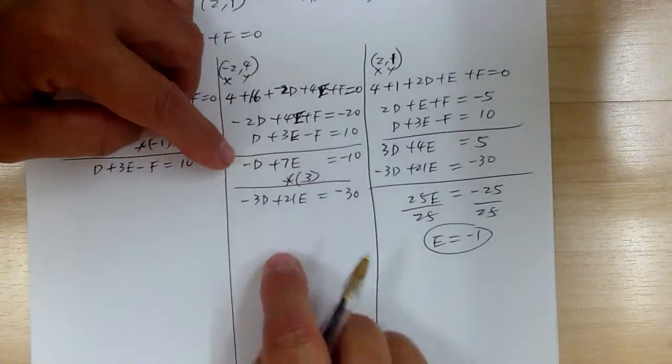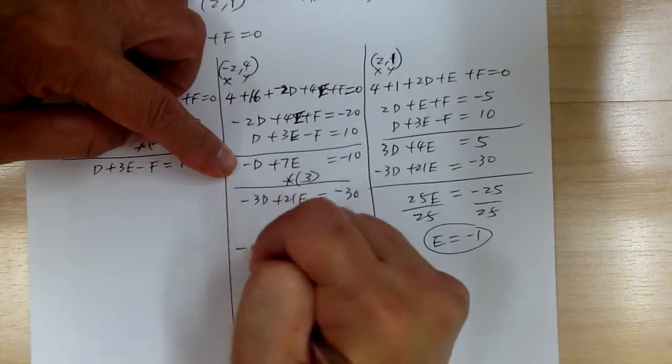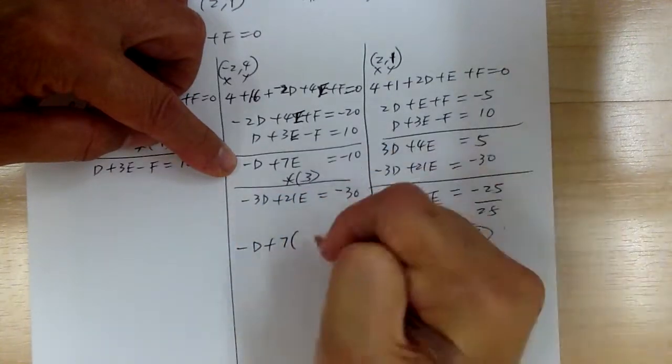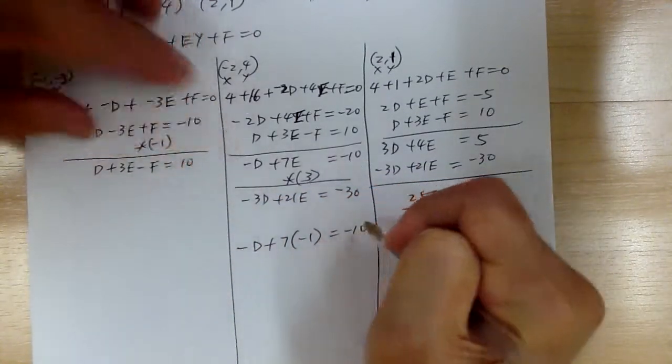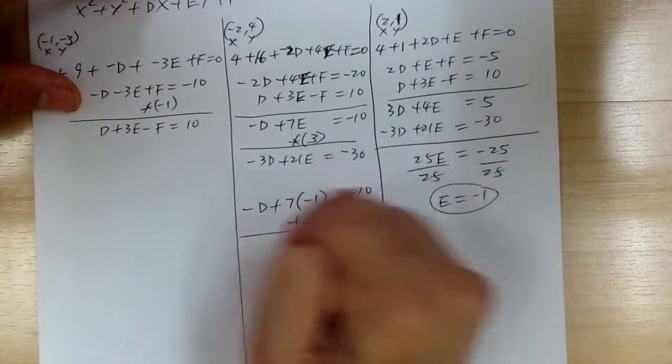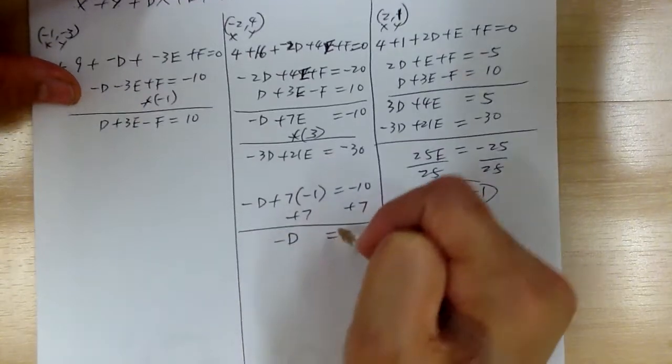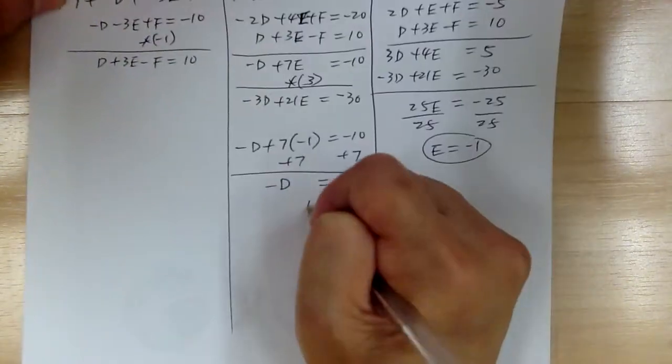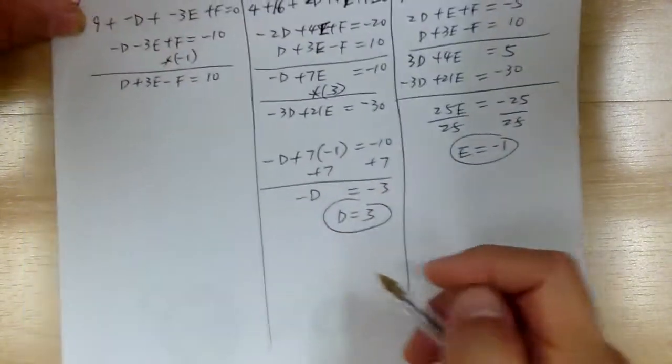I can use this one, that's not a big deal. So -D plus 7 times -1 equal to -10. This would be -7, right? So I'm going to add 7 on both sides. So I got -D equal to -3, so D equals 3.